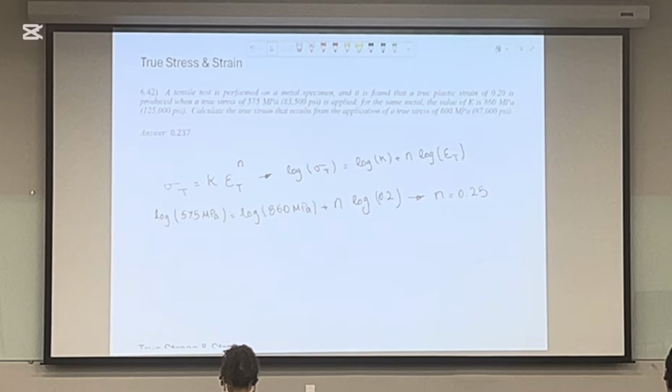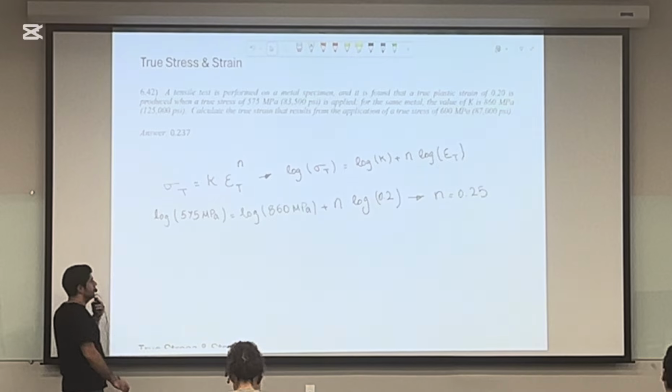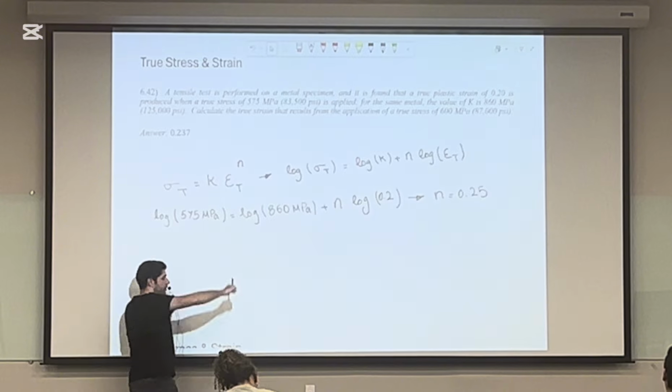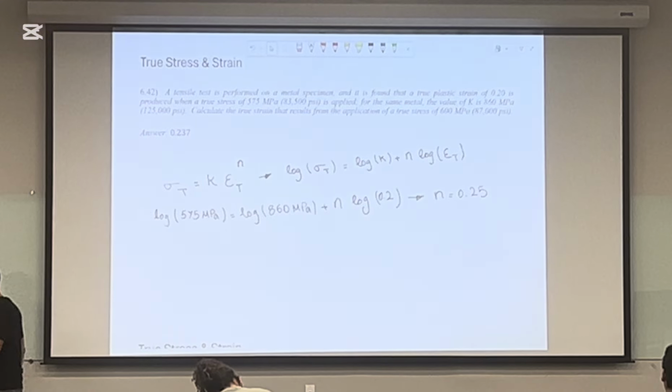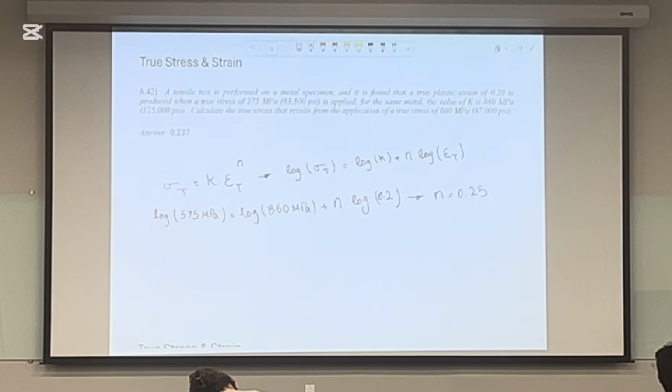Well, actually, then you have to take another log, because the strain is in the exponential, so you have to take the log again. Is it clear? Or I can write down the second part as well, if that helps.